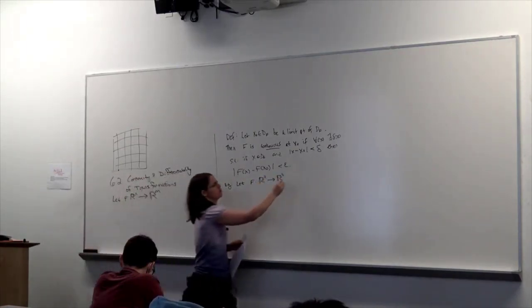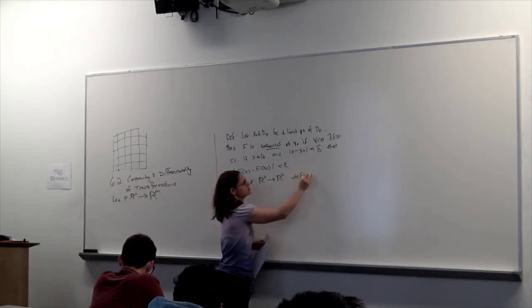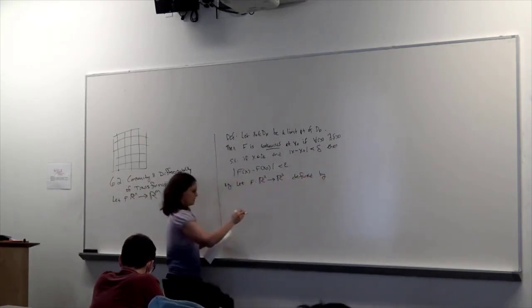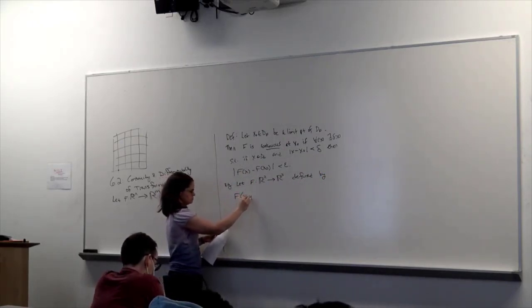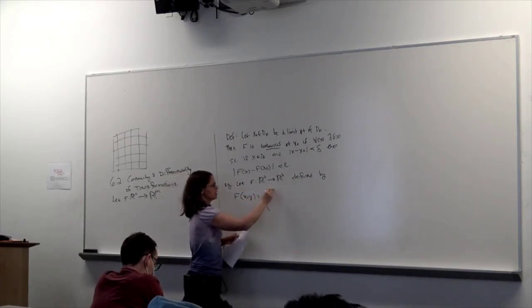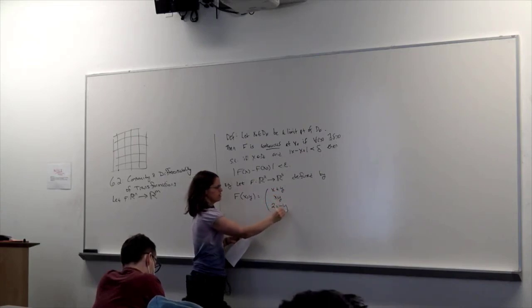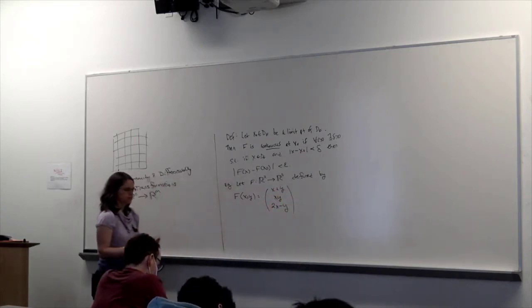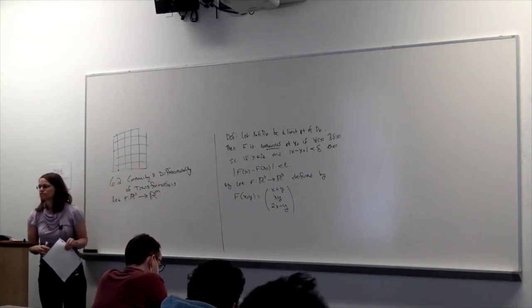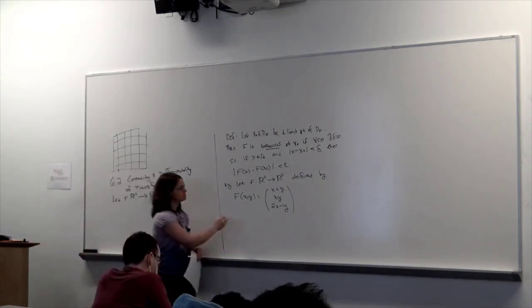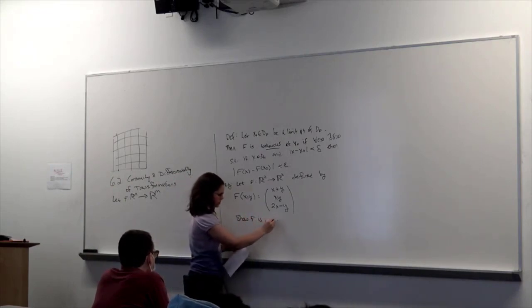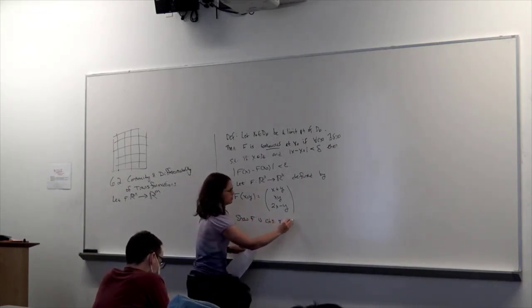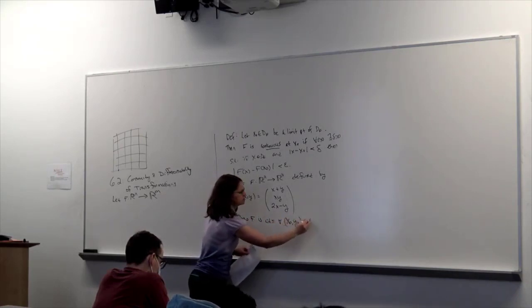And I'm going to define it this way. f of (x, y) equals (x plus y, xy, and 2x minus y). And let's show that this is continuous everywhere. So let's show f is continuous for all (x naught, y naught) in R2.